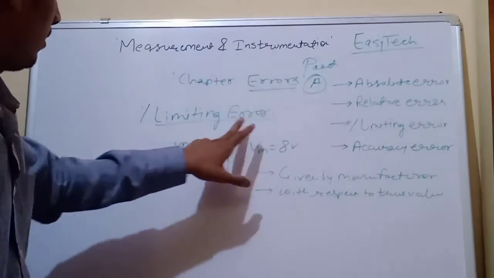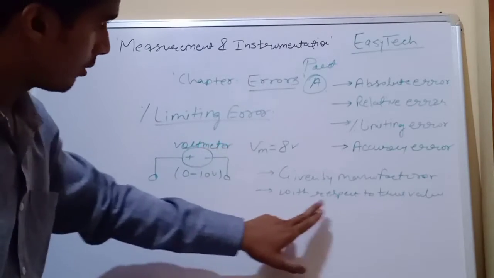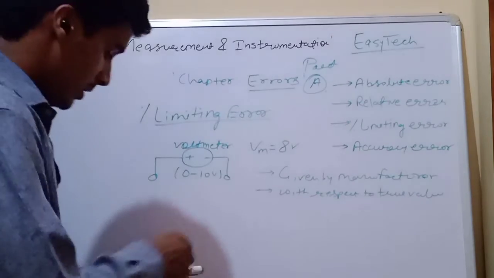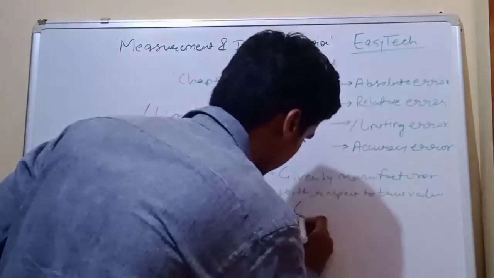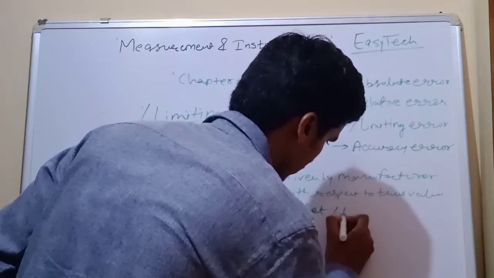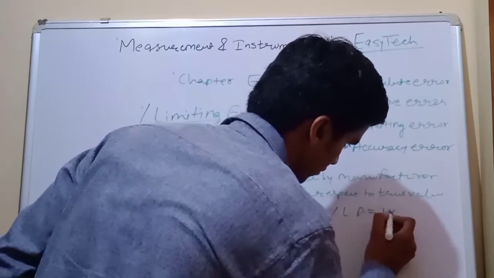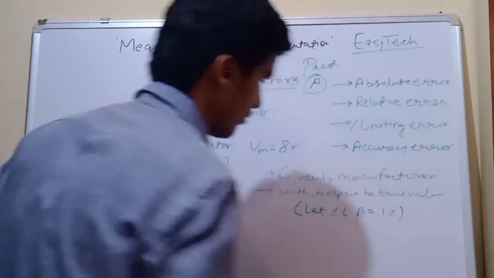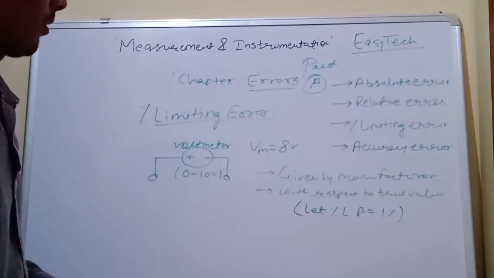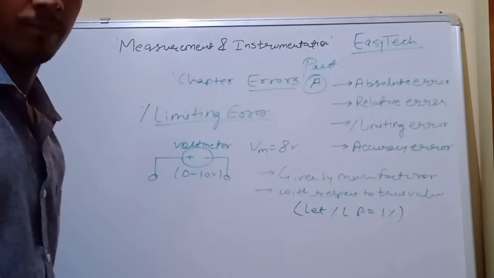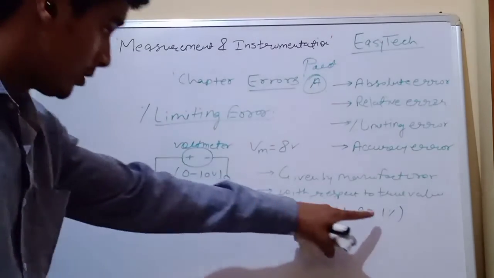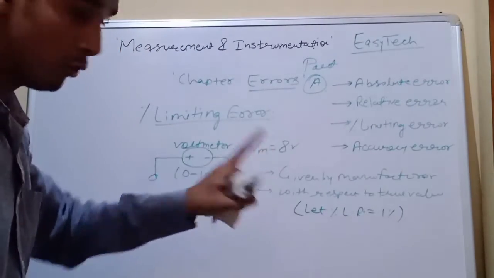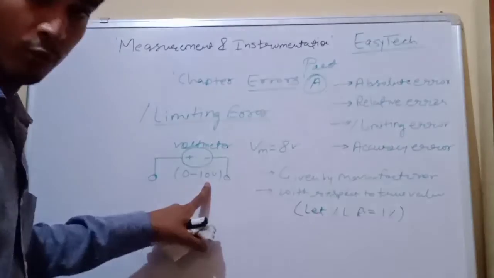Percentage limiting error is always calculated with respect to the measured value. Just assume that percentage limiting error is given by 1%. This 1% will always be calculated on the basis of the measured value. It will not be calculated on the full scale value.